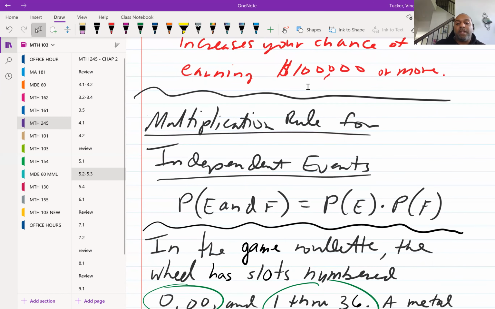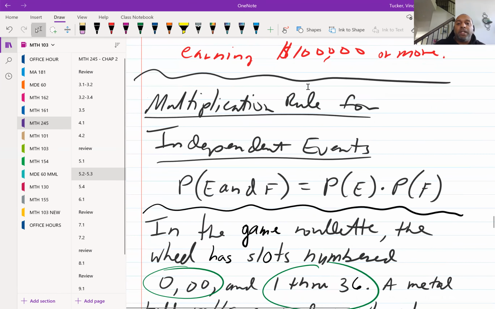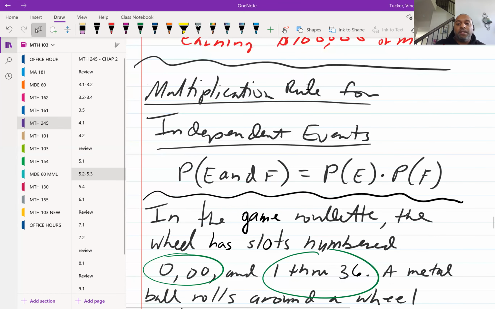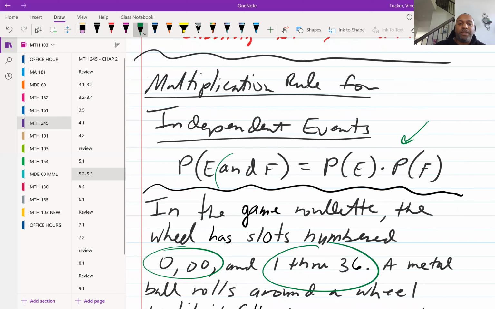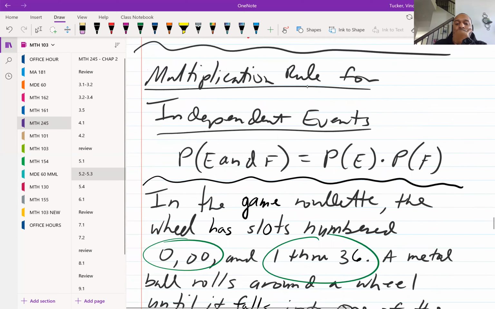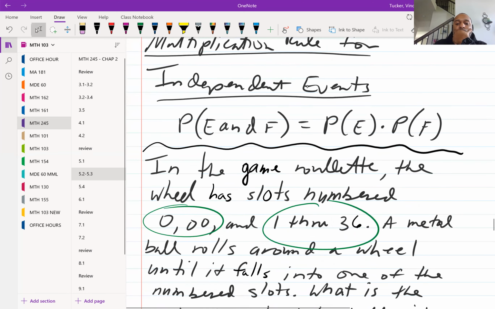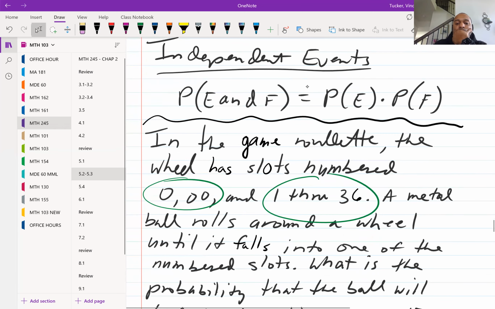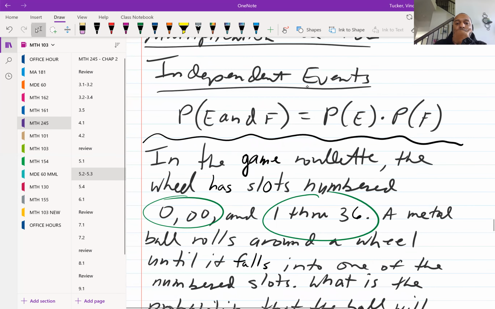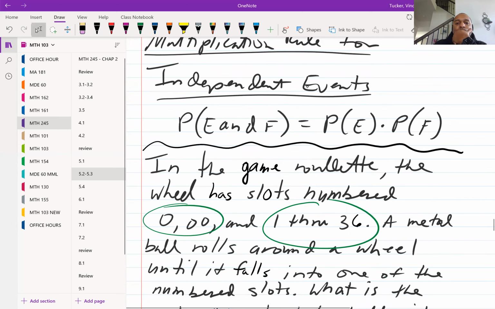Make sure you're writing these formulas down and notating the difference in what you're seeing. So you write down the formula.